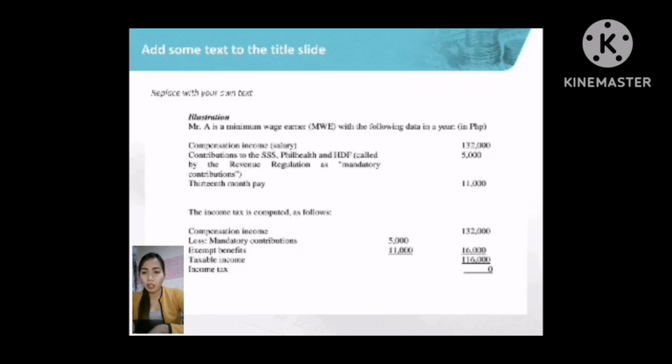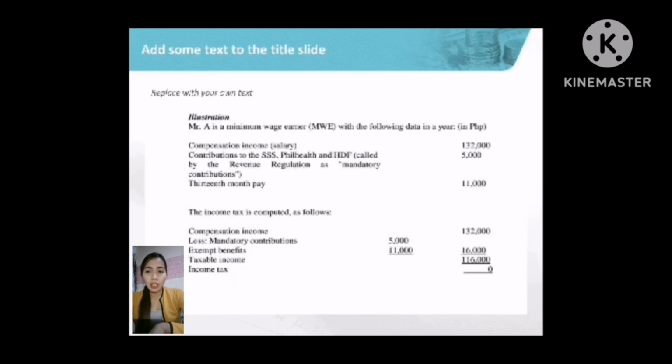So, the income tax is computed as follows. Compensation income, total of 132,000 in a year. So less mandatory contribution, 5,000. Exempt benefits na 11,000 dahil yun ay kanyang 13-month pay. So exempted po ang 13-month pay sa tax.